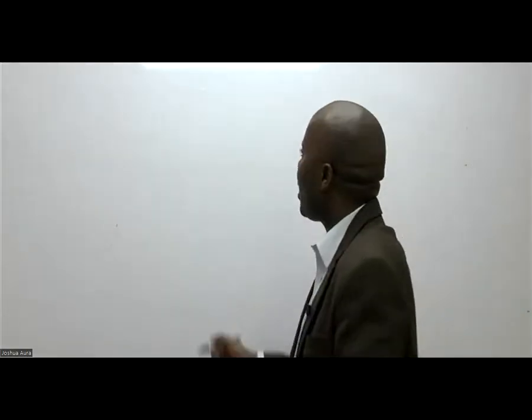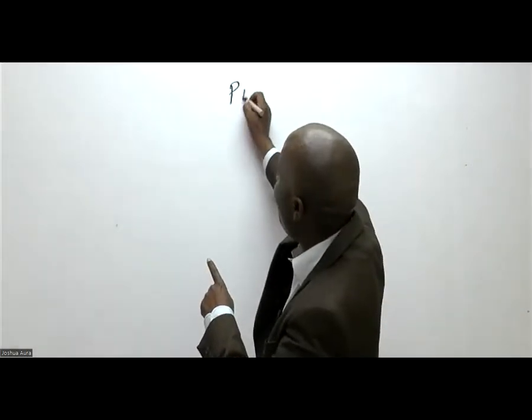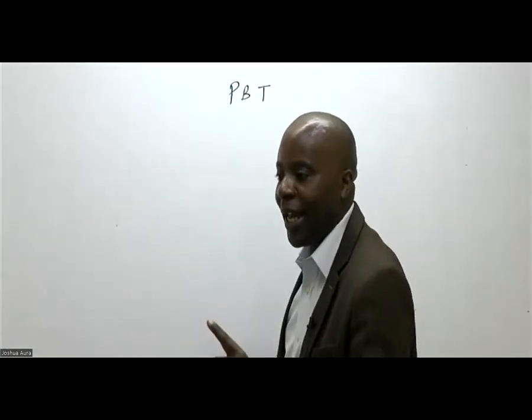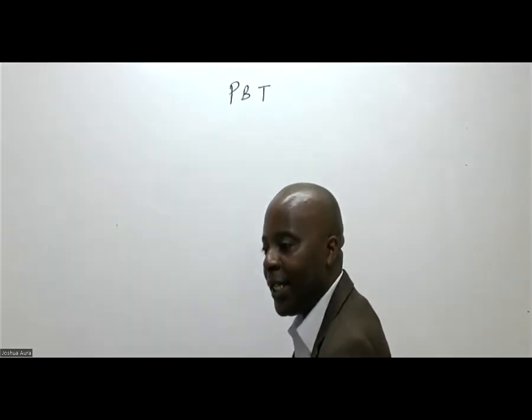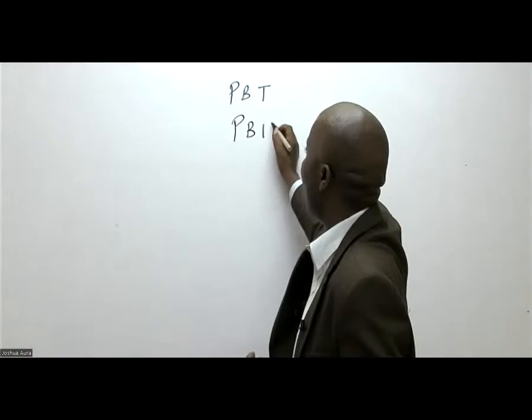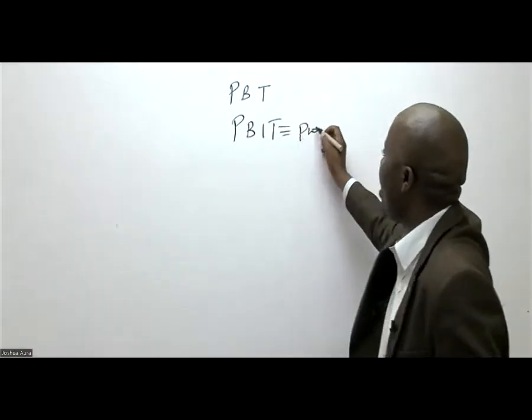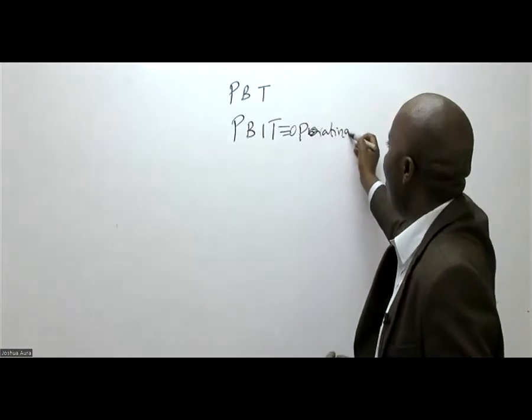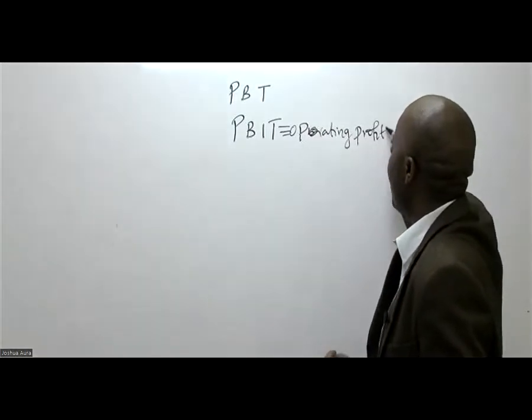So IAS tells us, fine, start with profit before what? Tax. But ensure that you reconcile it towards what? The profit before interest and tax. This is what we are calling the operating profit.